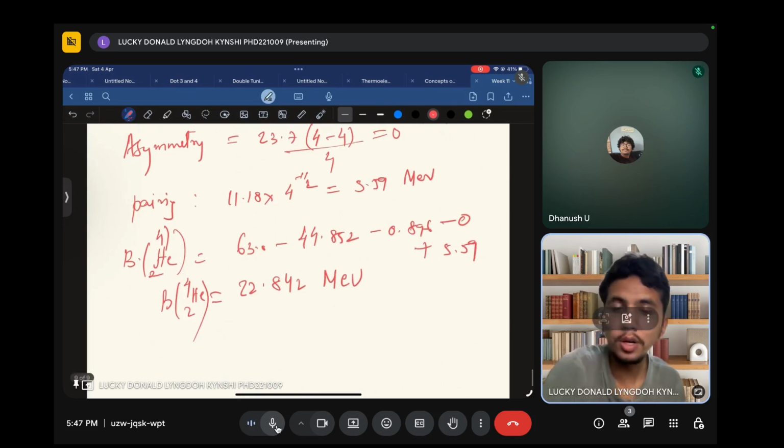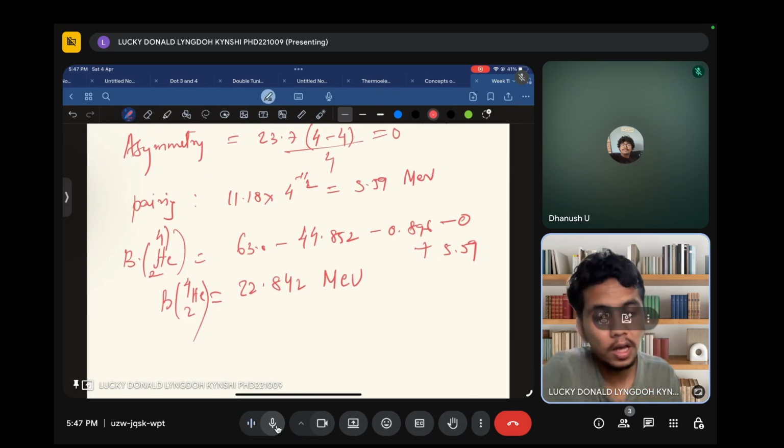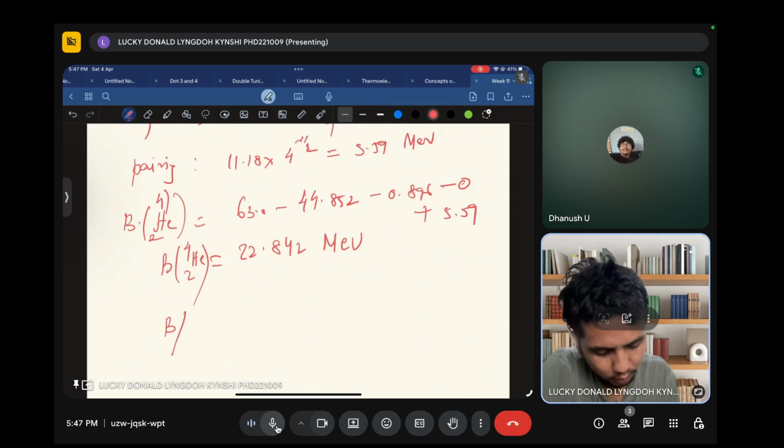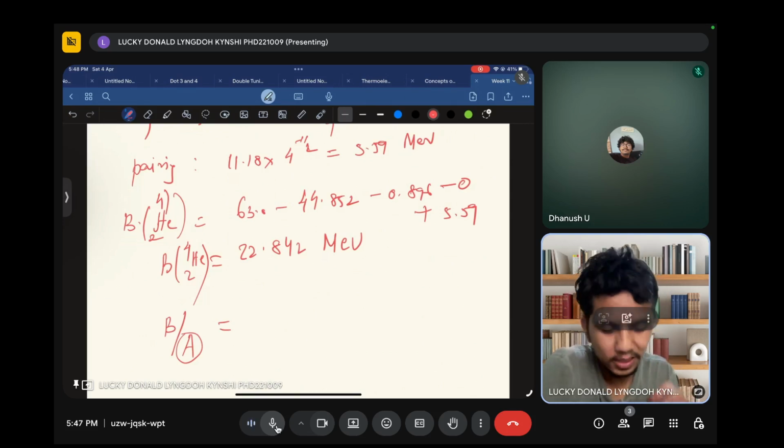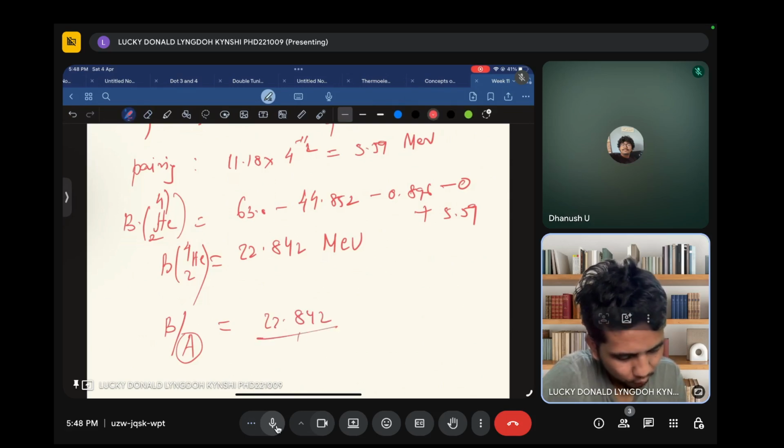Okay, so this is the energy, but remember that this is the total energy. In order for you to find out which is the most stable nucleus, you have to find the binding energy per nucleon. You have to divide it by the mass number, which is the total number of nucleons in a nucleus. The higher this value, the more stable your nucleus will be. So binding energy per nucleon is 22.842 divided by 4, which is approximately 5.71 MeV per nucleon.